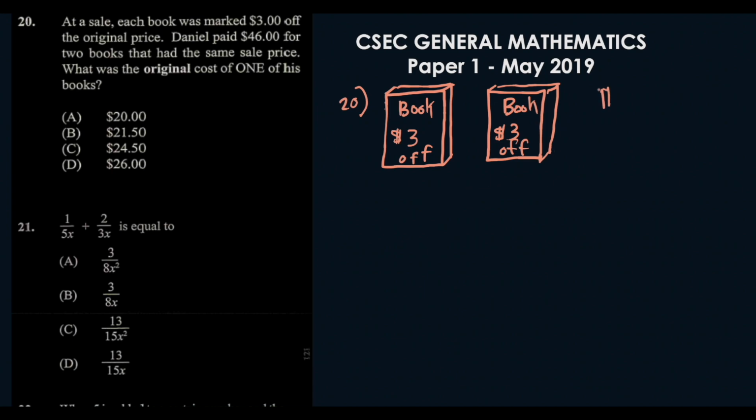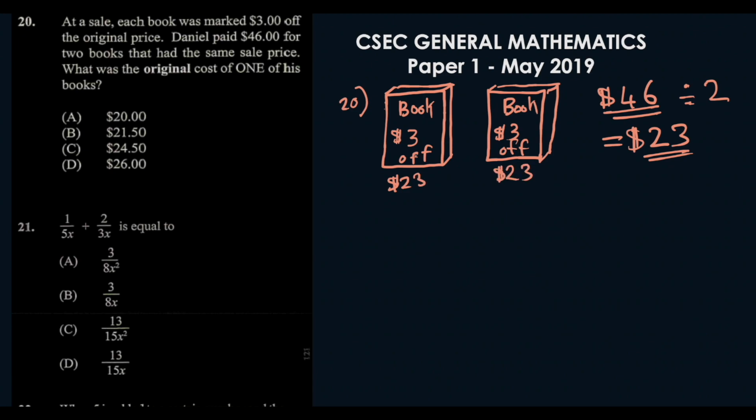So if he paid $46 for these 2 books, and they were the same price, that means we could split this price into 2 and figure out how much was for 1 in terms of a discount. So 46 divided by 2 is 23. So that means that he technically paid $23 for each of these.